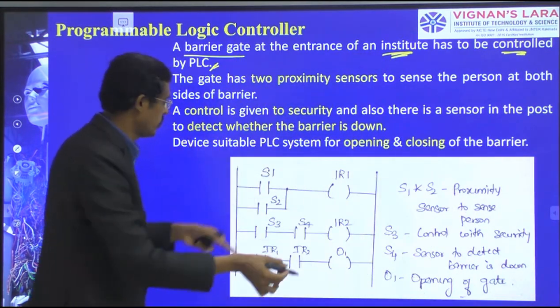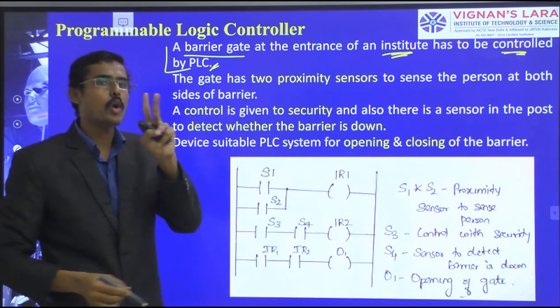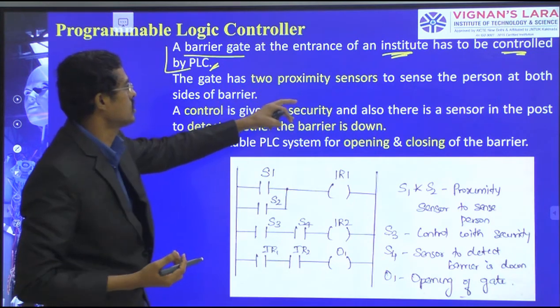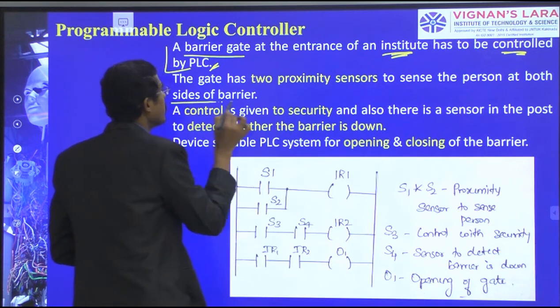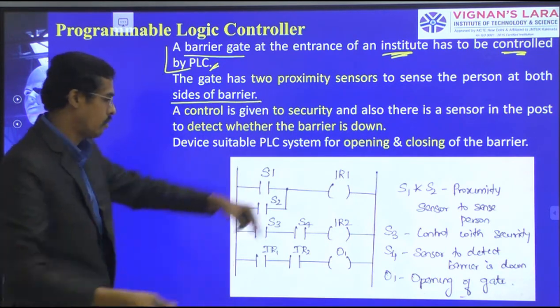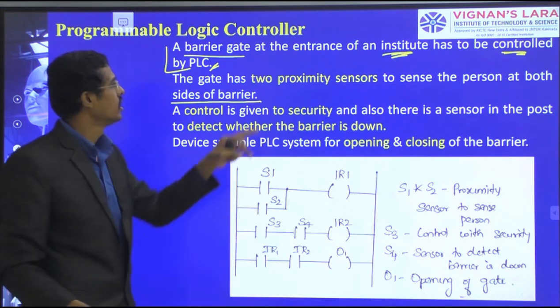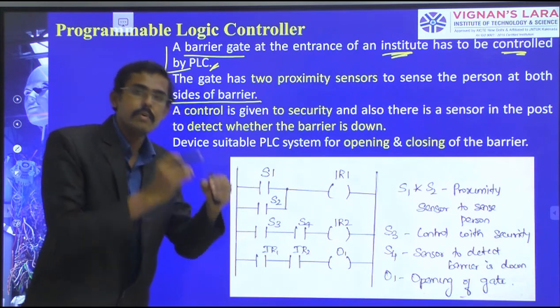Now, a gate has two proximity sensors to sense the person at both sides of the barrier, on the left side and on the right side. At any side, when a person is crossing, it is going to detect that the person is present near the barrier.